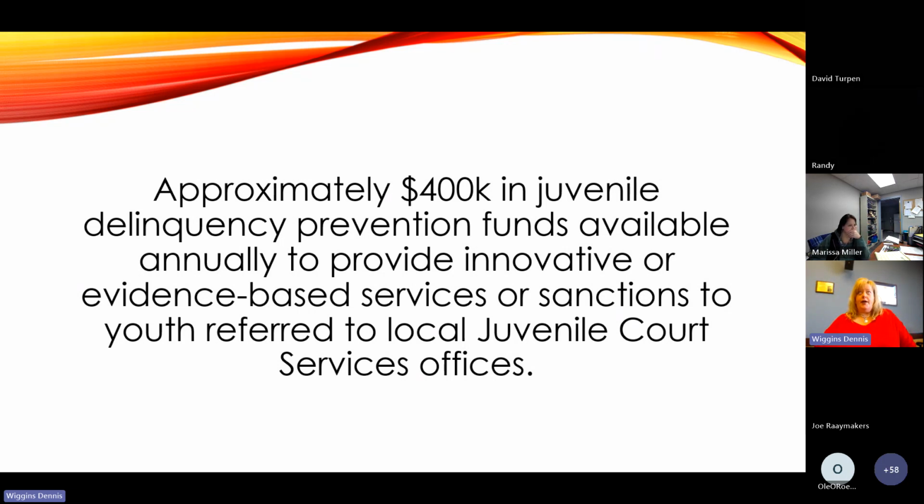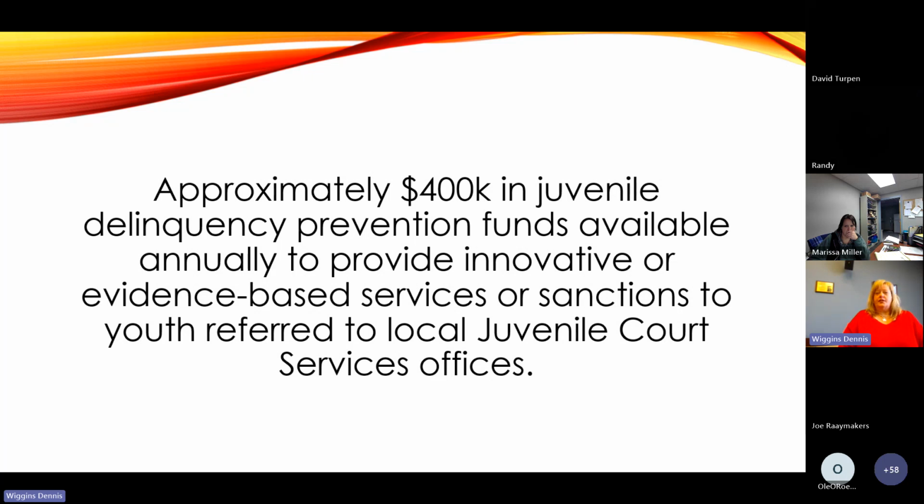The way it operates at a functional level is that it's actually the local juvenile court office that makes the application. So juvenile court services in each of those judicial districts will be the one that applies. They are not necessarily the one that does the service provision though. They may turn around and subcontract with a service provider.